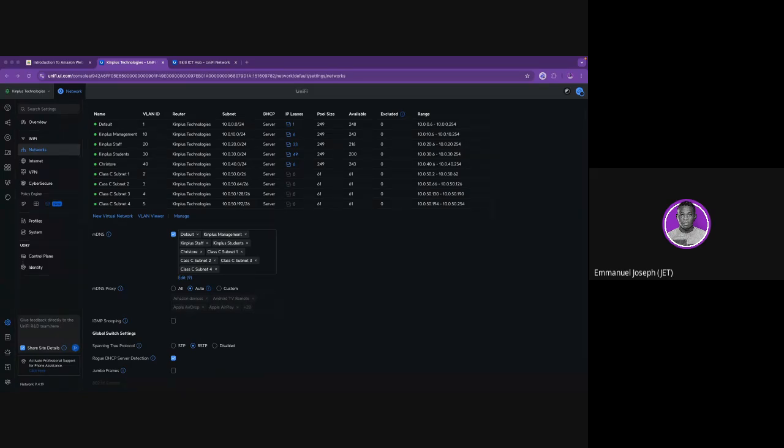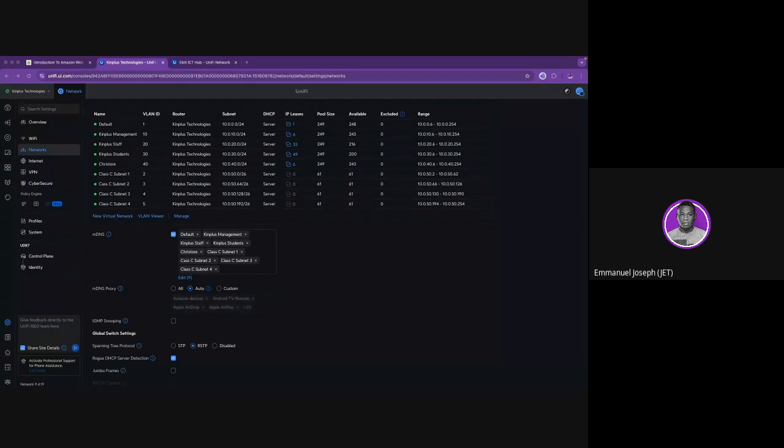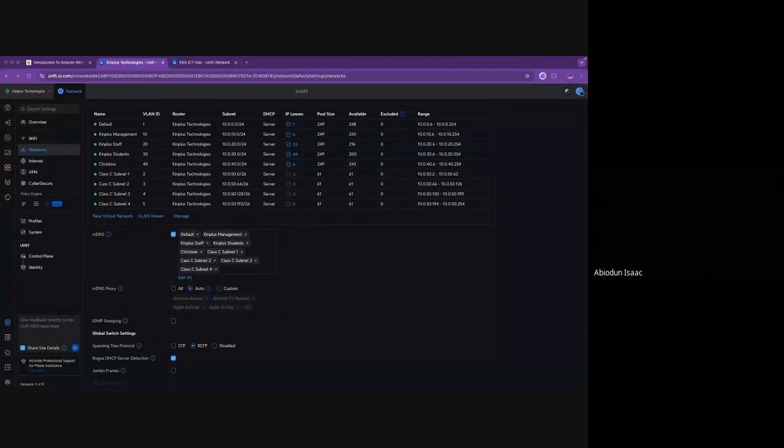Yes, please, before we proceed, in the first class we just did, in the class C subnet 1, we have 2 to 62, and in subnet 2 we have 66 to 126.